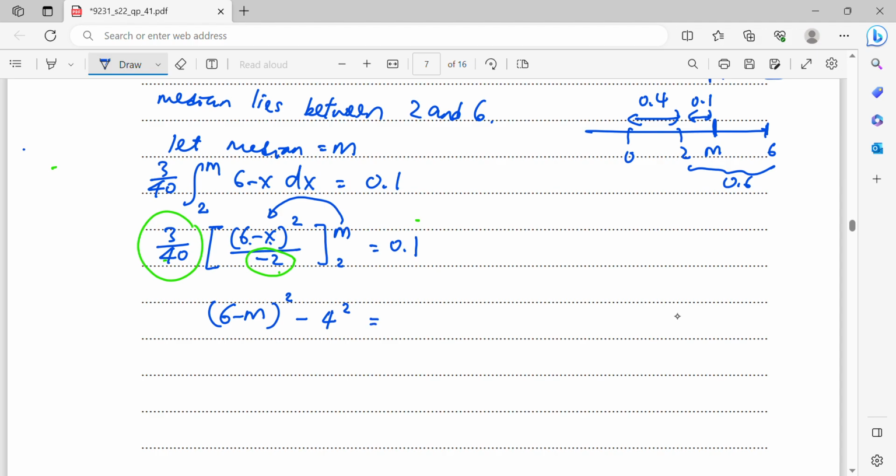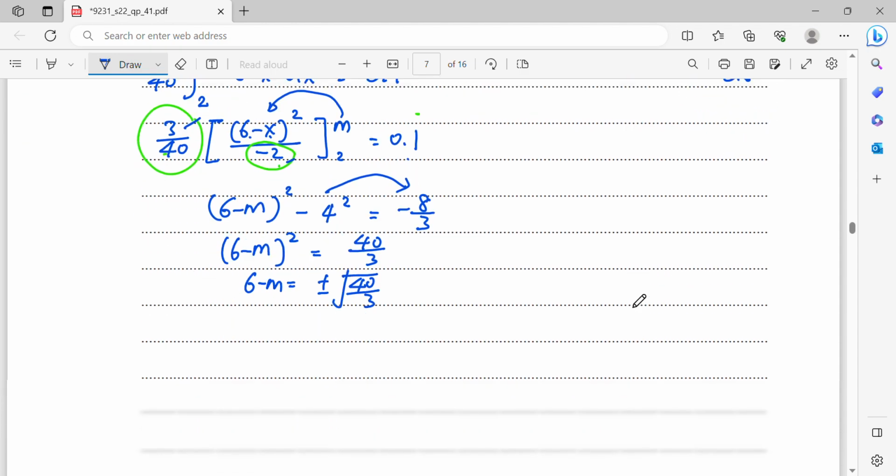That equals negative 8 over 3 after moving the terms to the right side. Now to get m, I can just move the negative 16, the 4 squared, to the right side. So you will get the square of 6 minus m equals 40 over 3. Then 6 minus m will be plus or minus the square root of 40 over 3.